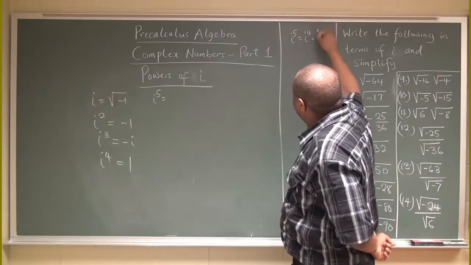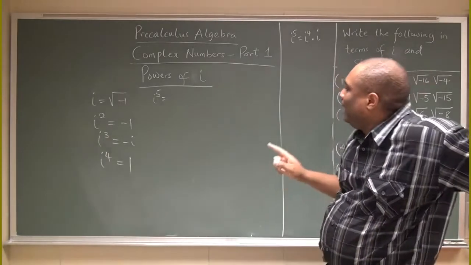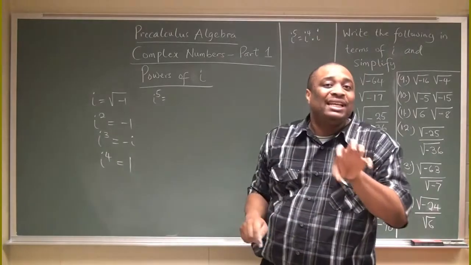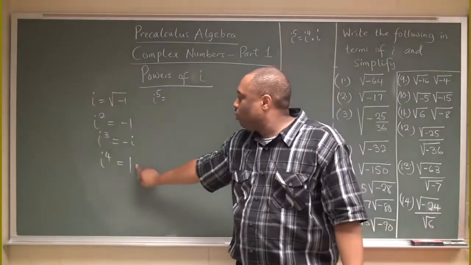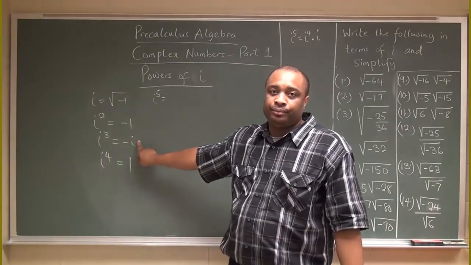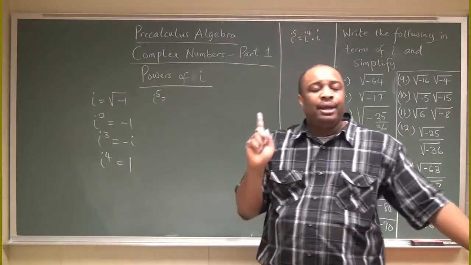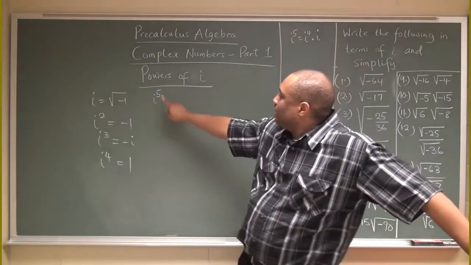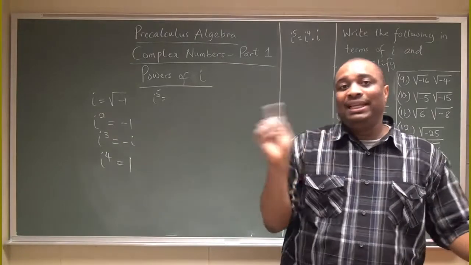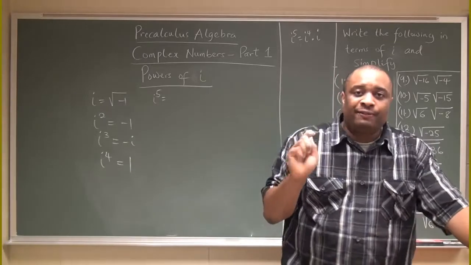I to the 5 will be I to the 4 times I. Now, let me tell you this. For any powers of I after I to the 4, it is good to express them in terms of 4, because you want to work with 1 or negative 1. You don't want to work with negative I. Express high powers as multiples of 4 and then apply your laws of exponents.